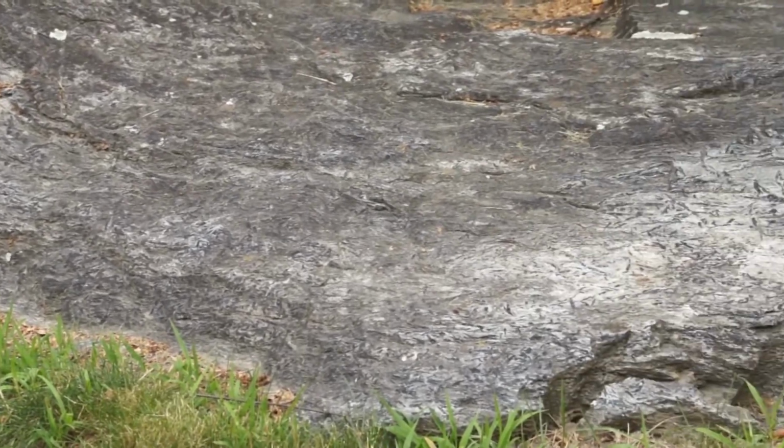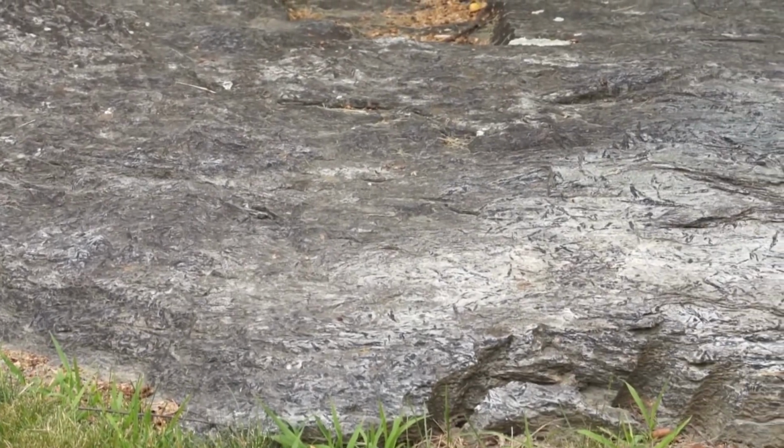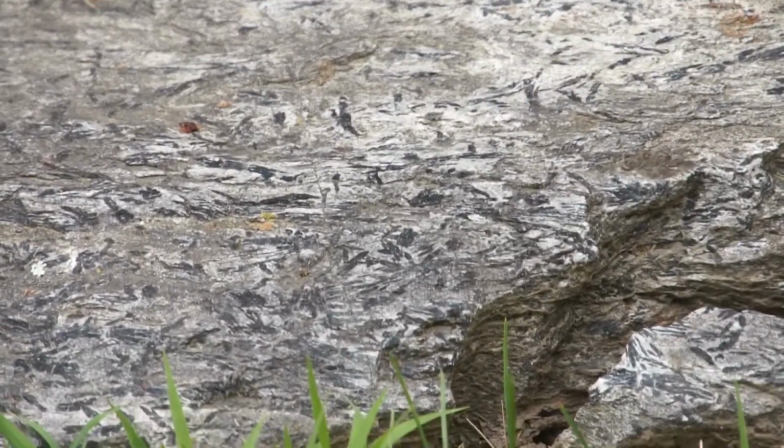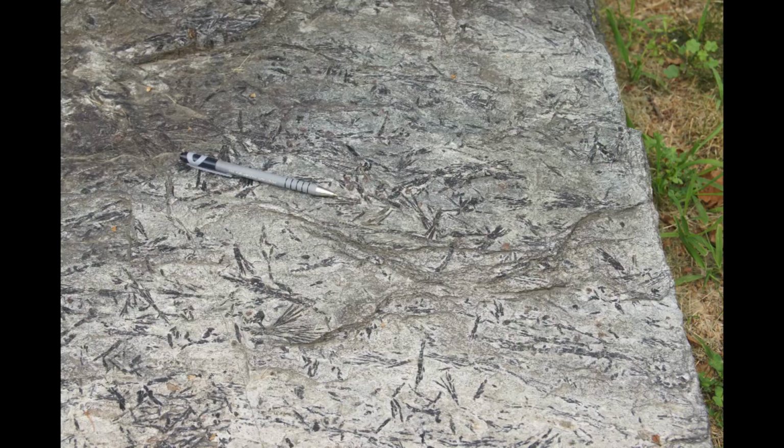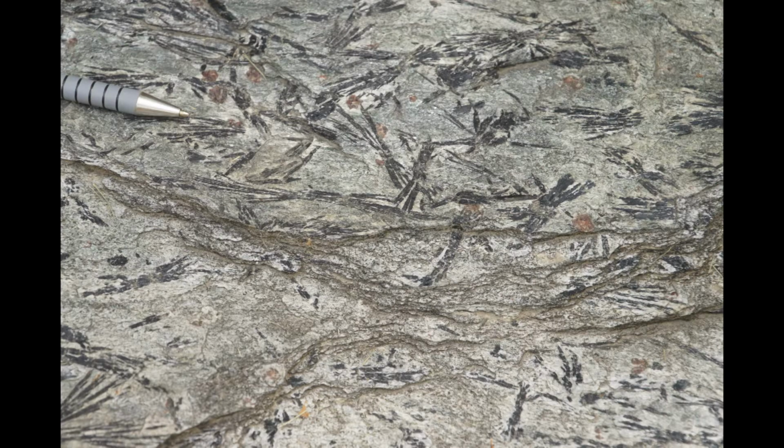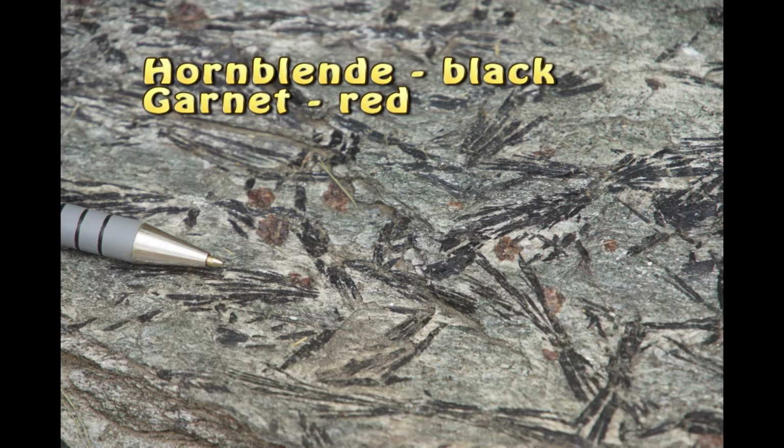During the plate tectonic collisions that eventually made Pangaea, the iron-rich mud transformed to this schist. Minerals grew, such as hornblende and garnet. The hornblende sometimes makes bow tie shapes, all set in a matrix of mica.